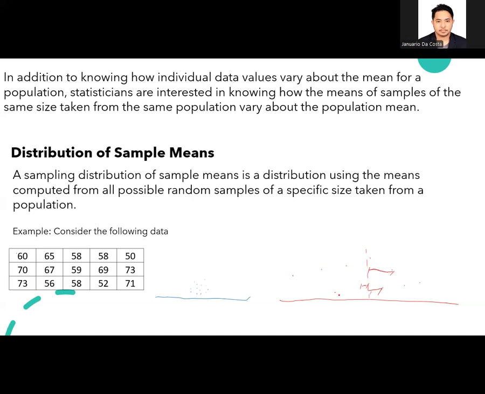You take the difference, square it, divide by n minus 1, and you get the variance. Take the square root of that and you get the standard deviation. The farther the distance, the higher the standard deviation, meaning the more spread out, the higher the standard deviation. Similarly, for the blue one, it's a smaller standard deviation. If I write a mean over here, that also tells me the same thing.